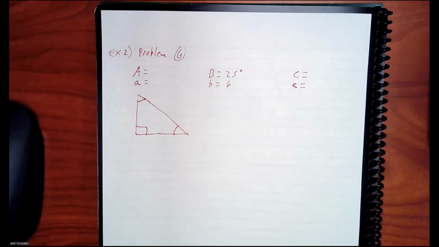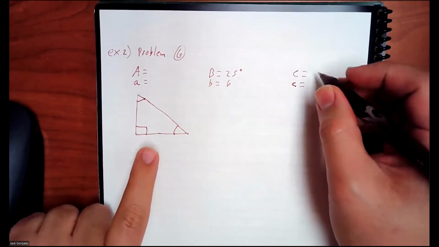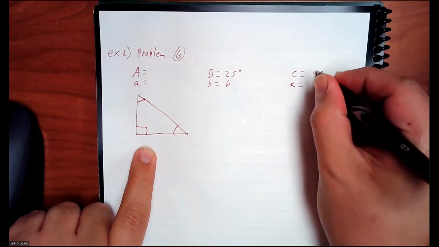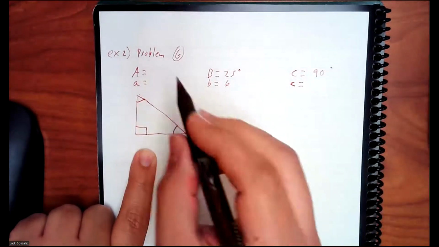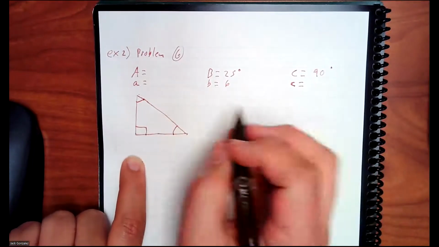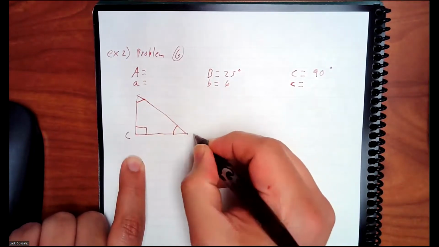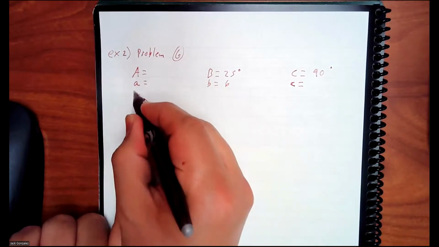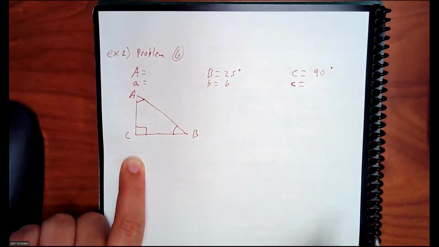Let's do another one just in case. So I believe this entire section is right triangles, so you can assume that one of these angles, angle C, is going to be 90, which then we can solve for A. So what is A going to be? 65?